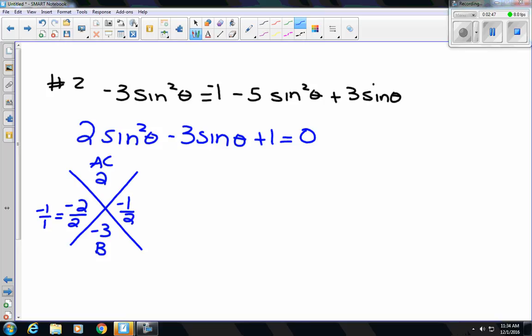What's the variable in this trig equation? Sine of theta. So this would be sine of theta minus 1. So the bottom is what goes with your variable. Okay, it's split. So now do this one. 2 sine theta minus 1.